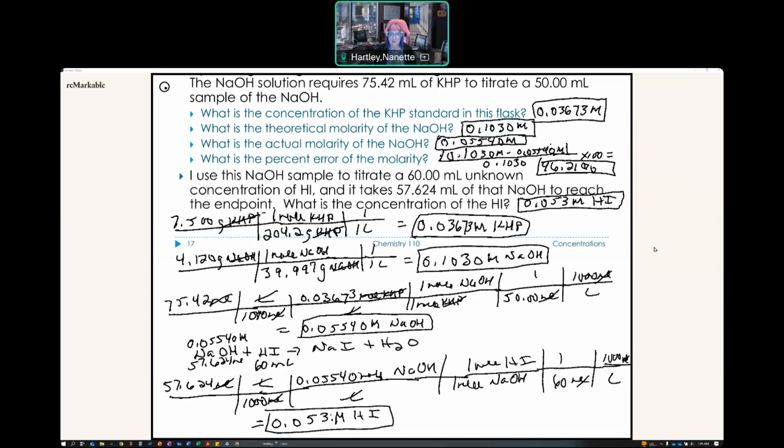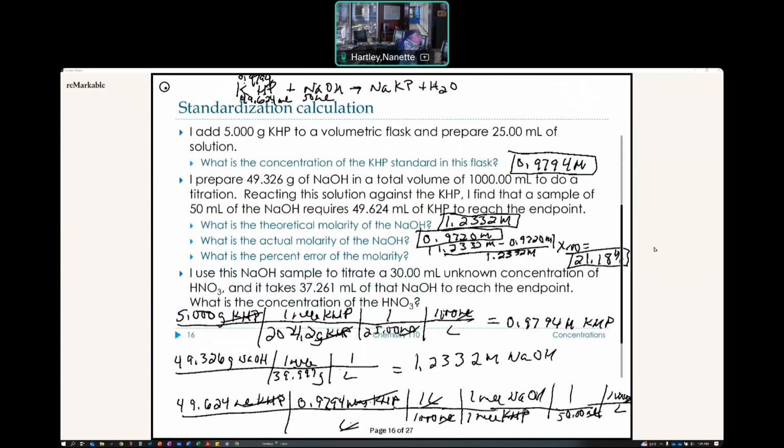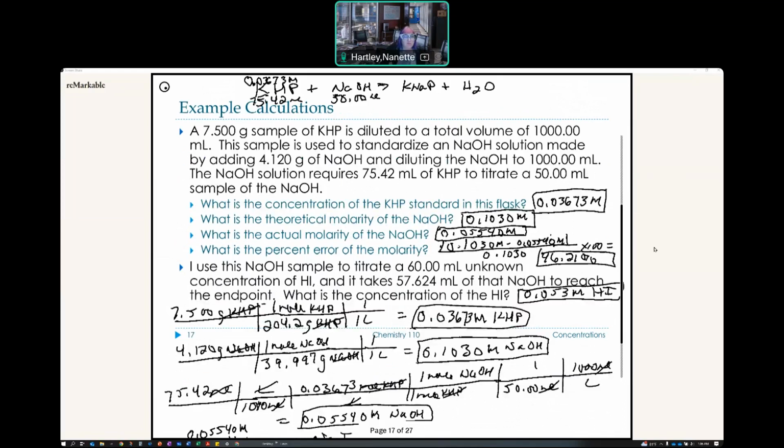All right, guys, so we're back. So what we wanted to talk about was, we have example calculations here. A 7.500 gram sample of KHP is diluted to a total volume of 1 liter, so 1,000 milliliters.